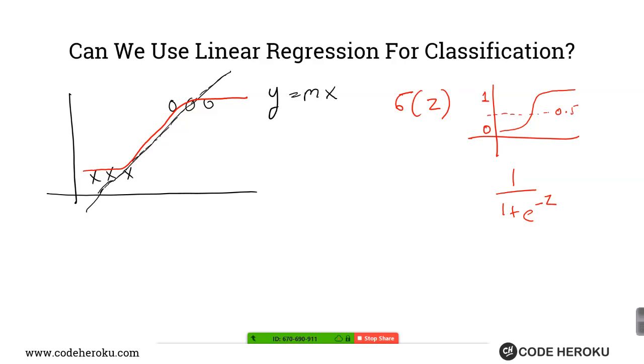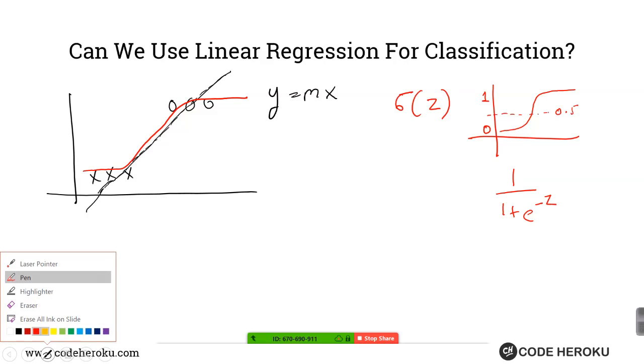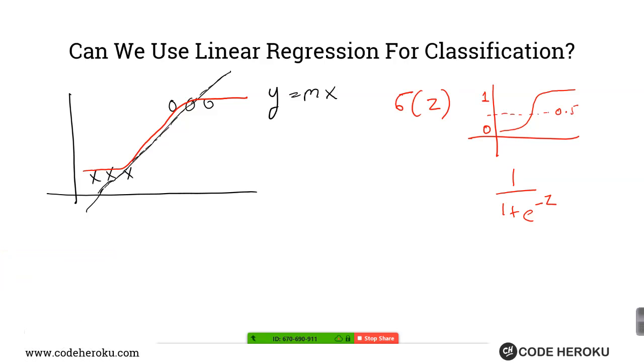Because if you add more black points, or more rounds, or more x's towards this side, will the output change? The output will still remain the same, right? And that is the intuition behind using logistic regression.